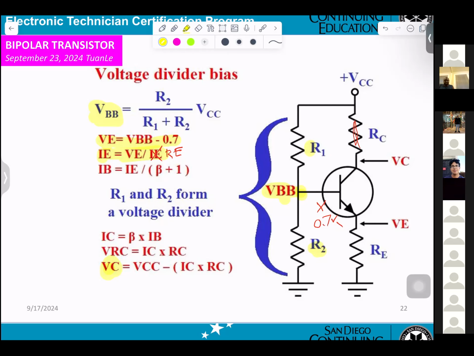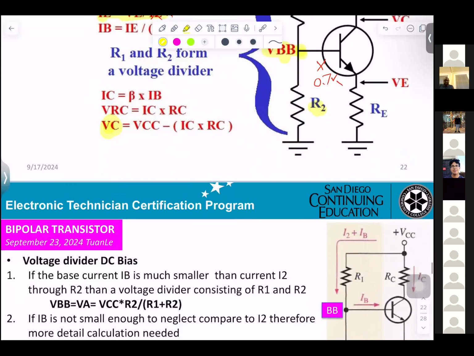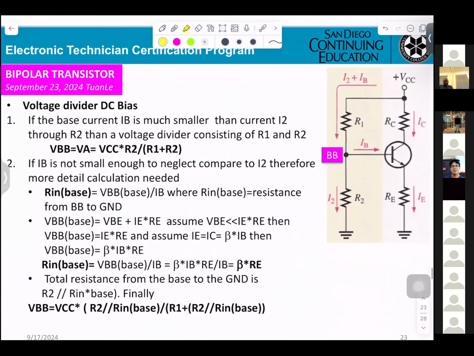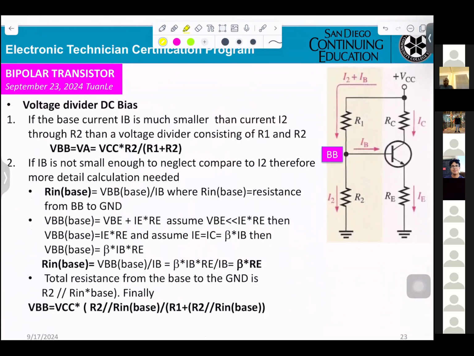Try to get along with the voltage divider bias. This tries to explain everything for you. You need to go through that, like I already talked to you about, and it tells you how to get VB.